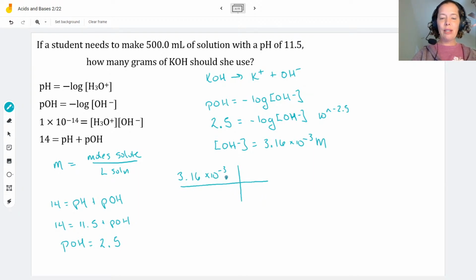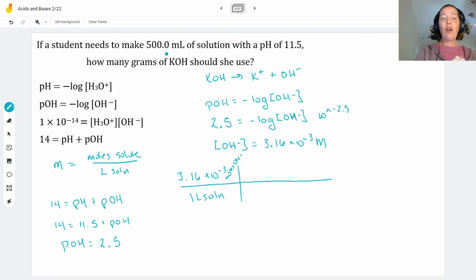So this is moles of hydroxide, and this is liters of solution. And of course, we always put it over 1 liter of solution. This is true for grams per mole. It's grams per 1 mole. If you have 22.4 liters per mole, that's per 1 mole. So this is 3.16 times 10 to the negative third moles of hydroxide per 1 liter of solution.